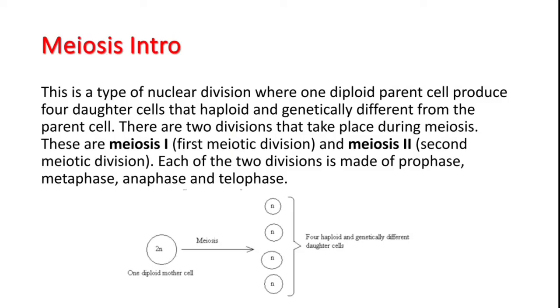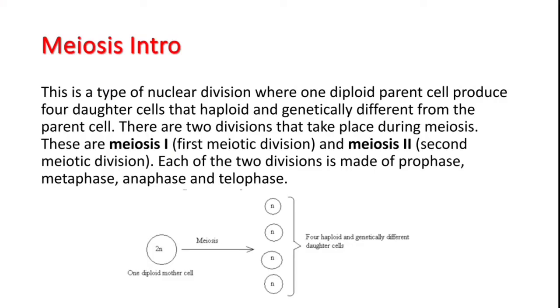That is why we're saying that a diploid parent cell produces 4 daughter cells that are haploid, meaning they contain half the number. And these 4 new cells are genetically different from the parent cell. There's a difference now. They are genetically different. Now, there are 2 divisions that take place during meiosis.